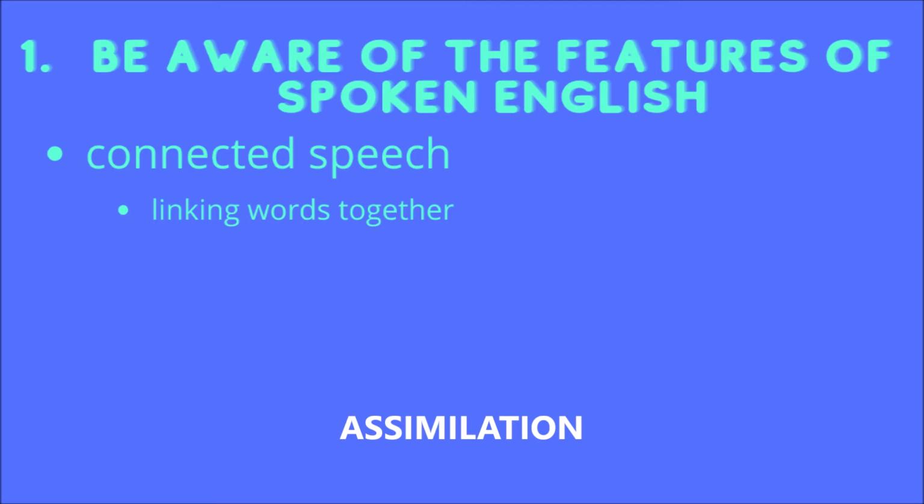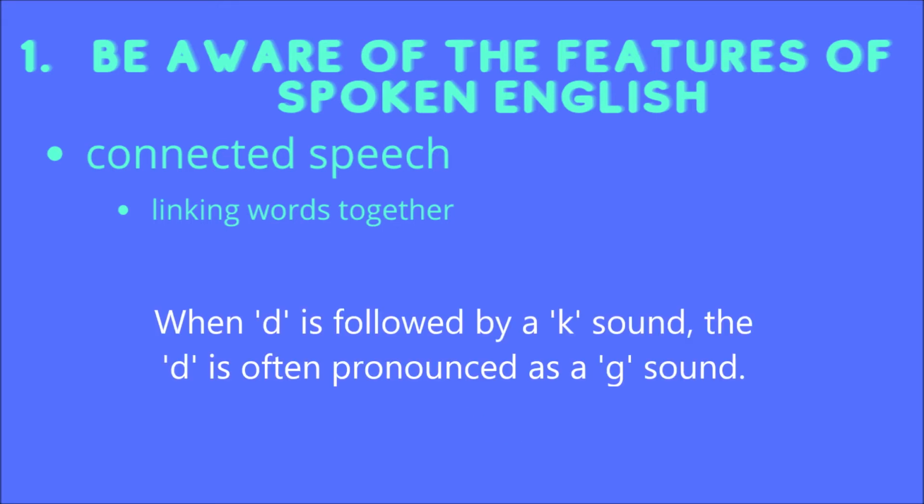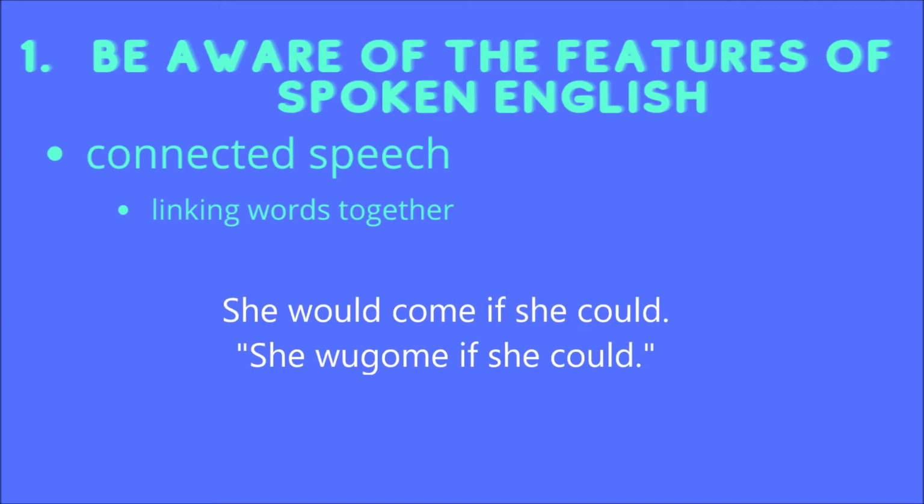So some examples are when D is followed by a K sound, the D is often pronounced as a G sound. For example, she would come if she could. So we don't say "she would come if she could" with a clear D. Well, you might do if you were particularly emphasizing "would", but typically in connected speech, it would come out "she would come if she could".